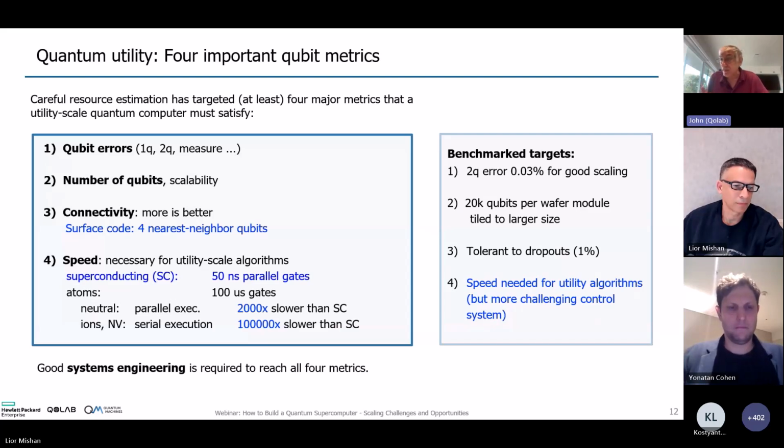That's 2,000, maybe up to 10,000 or 100,000 times slower. If you take the time to execute these algorithms and multiply it by a few thousand, you're not going to be able to run a utility-scale algorithm. So this is really important, and it's why solid state qubits are favored for long-term quantum computing. Of course, they're fast and you have a much more challenging control system, but frankly, you just have to live with that because you need the speed. Next slide, please.